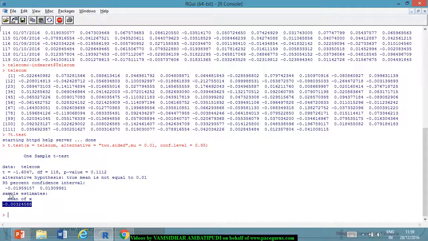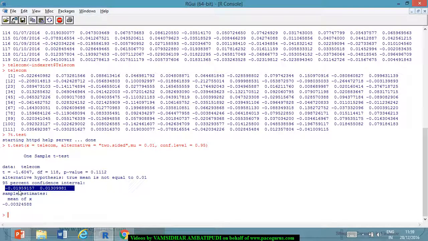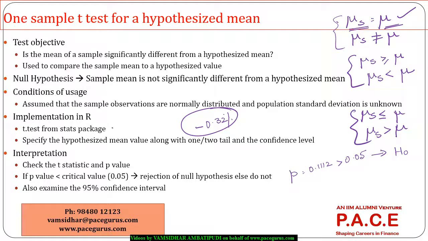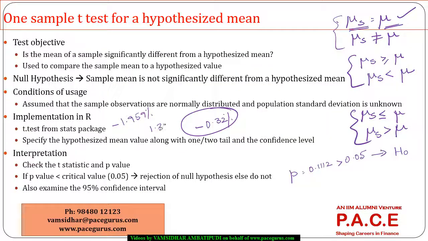But the 95% confidence interval said that the number could be anywhere between minus 1.959% to 1.30%. And that's the reason 1% is lying very much in this interval.